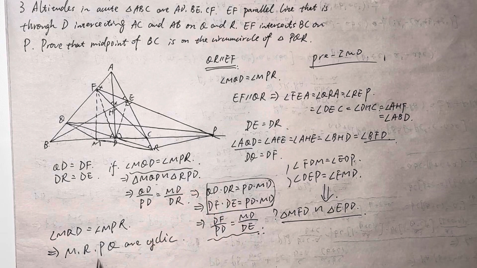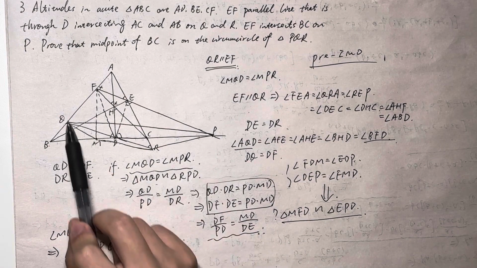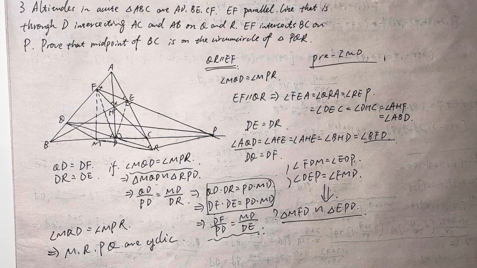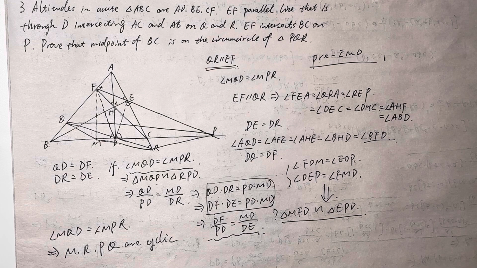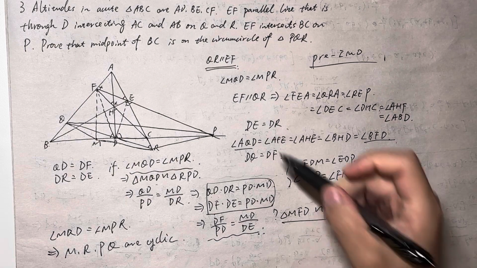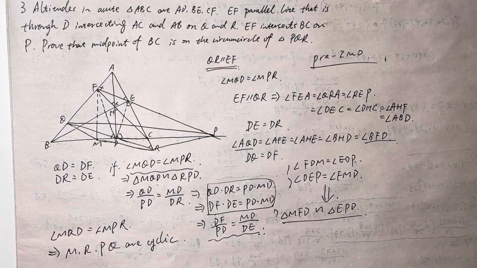So it basically tells you nothing. But for the other 3 points, PRQ, they all come from the parallel lines, which means that you need to use the parallel lines a lot. And based on that condition, you can derive all the equivalent angles you can find, and then it would be much more straightforward.